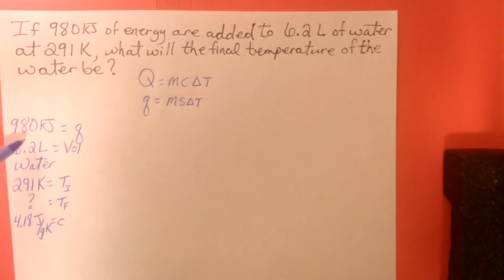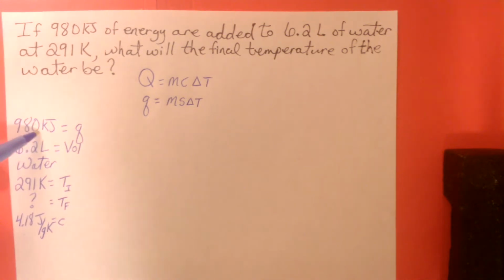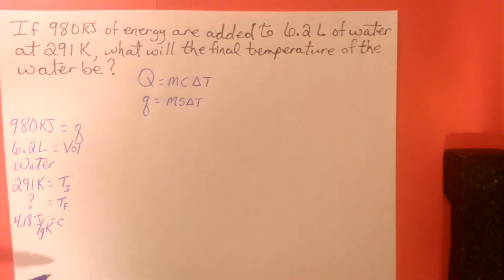Now, let's pause there. Look at the specific heat capacity that I retrieved from our data table. Notice that's joules. This is kilojoules. This is like apples and oranges. These are different units, so I need to get these in the same scale.